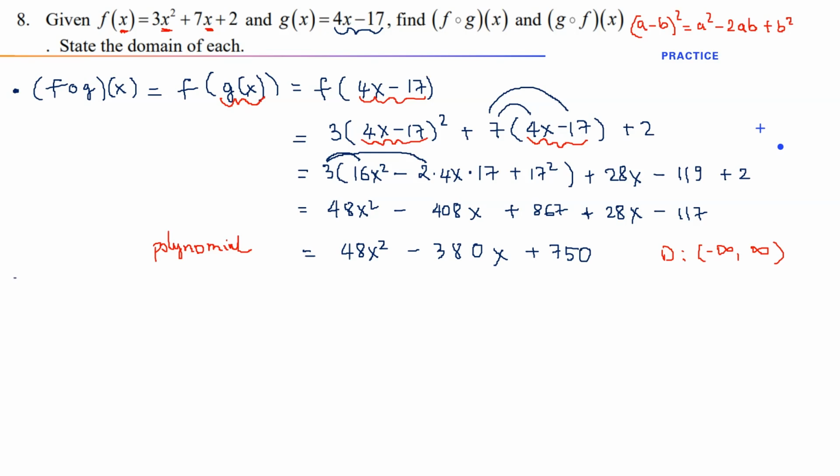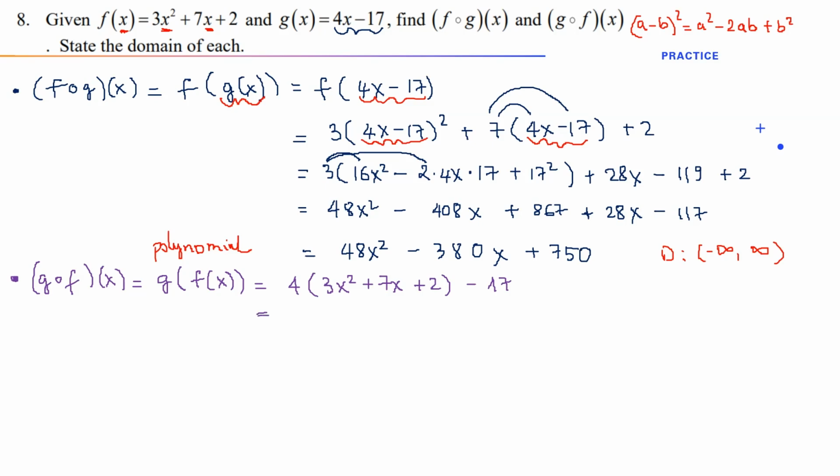Okay, so for the next one, we have g of f of x. We do the same. The first one is g, so it will be outside, and f of x inside. So g of x is 4 times x. Now this time x is f of x, so that's 4 times (3x squared plus 7x plus 2) minus 17.